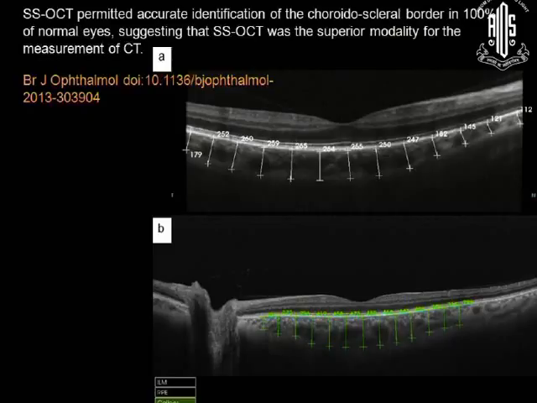One problem in spectral domain OCT, especially when you are studying the choroid, is that you have to manually put the markers because it does not define the outer limit of the choroid or the beginning of the sclera.